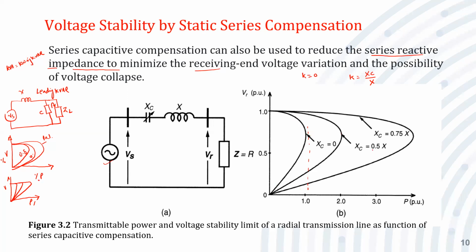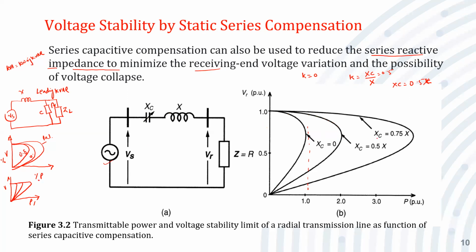Now, when K is equal to 0.5, it means that XC is equal to 0.5 X. So at K equal to 0.5, 50% of the transmission line reactance is connected as capacitive reactance. So the power increases, and this increases the voltage stability.